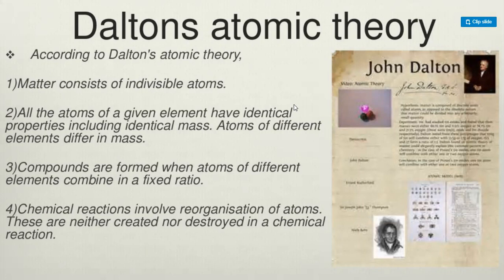What actually happens in a chemical reaction is a reorganization of atoms and molecules. They change their places, but we cannot create an atom or any element. What we can do is form different compounds by reorganizing these elements.